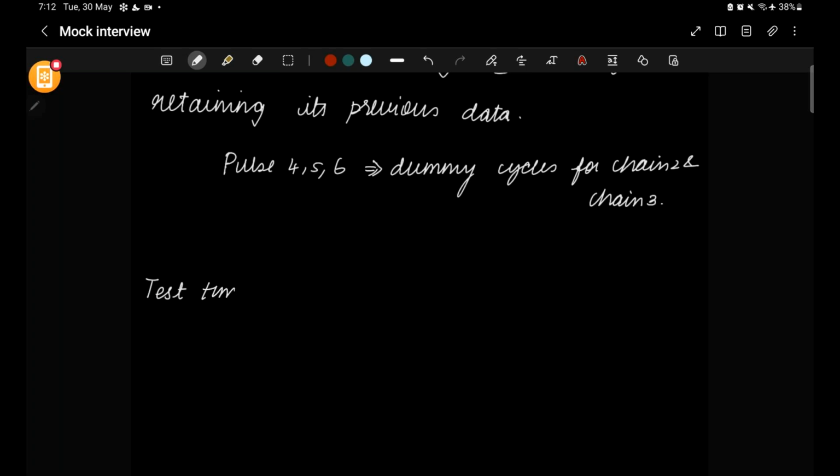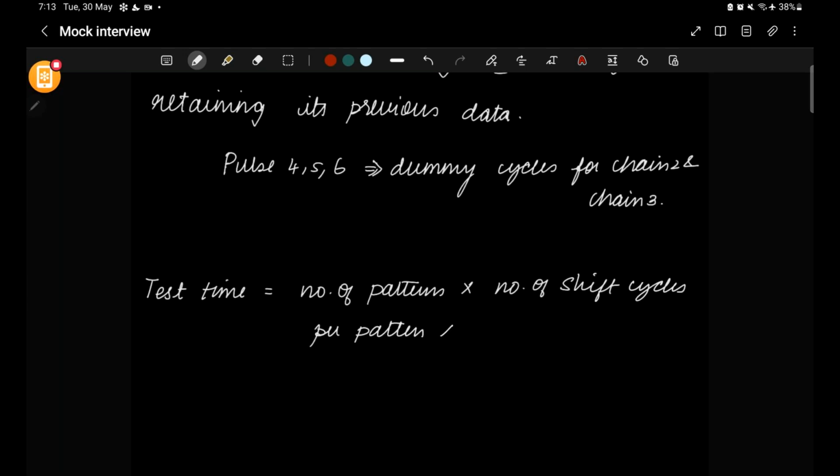So test time formula is nothing but number of patterns into number of shift cycles per pattern into clock period of scan clock.